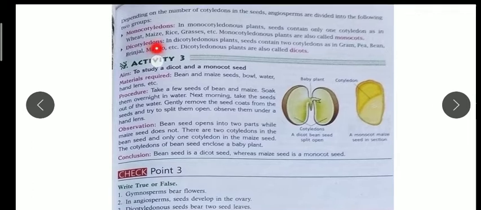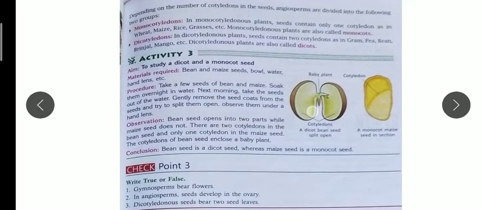On the other hand, dicotyledons have two. Like pea, if we remove the outer covering of the pea seed, matar ka dana, then you can see this type of structure. You can open it and see the two cotyledons in the pea, same as in kidney bean, gram, chole, chana, brinjal, mango.